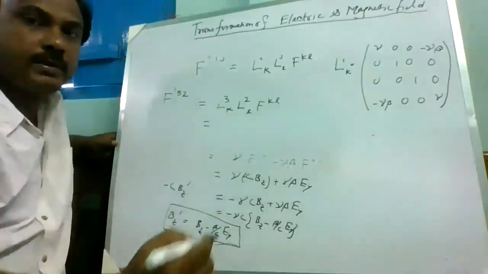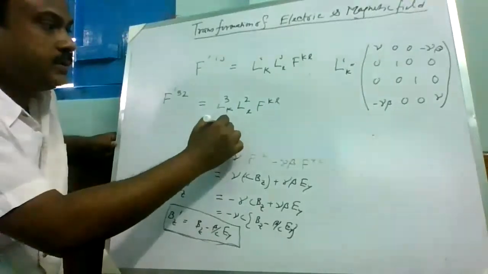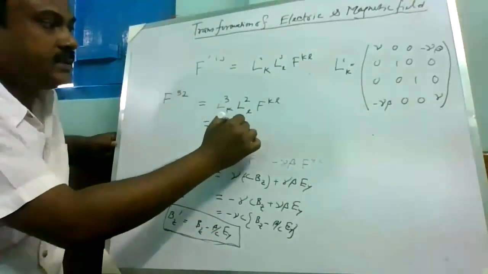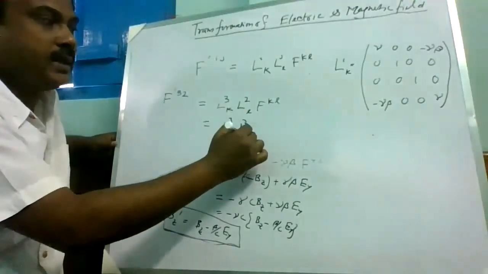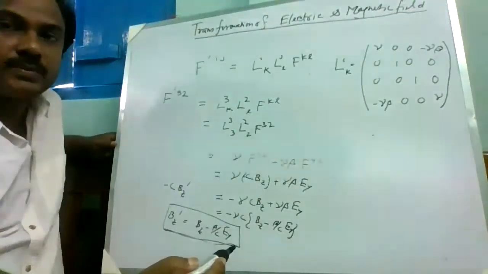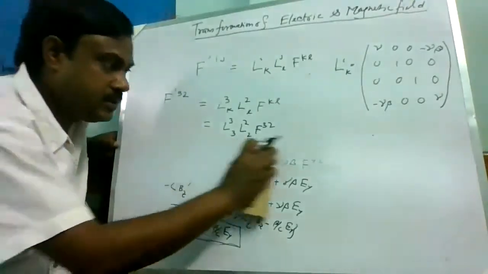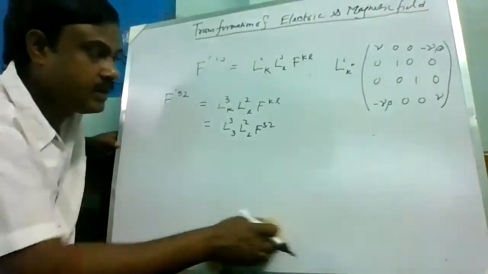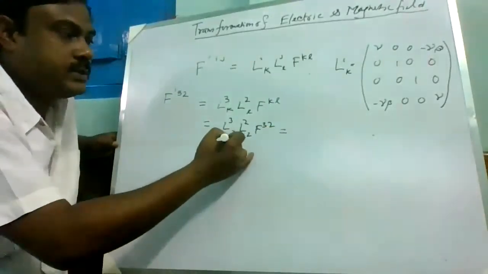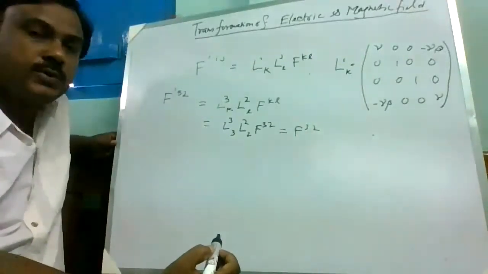Now again summing out this term: for 3 only one term is there, L33, and for 2 only one term is there, L22. So here only one term is there, and it is straightforward. This is 1, so F dash 32 will be equal to F32.